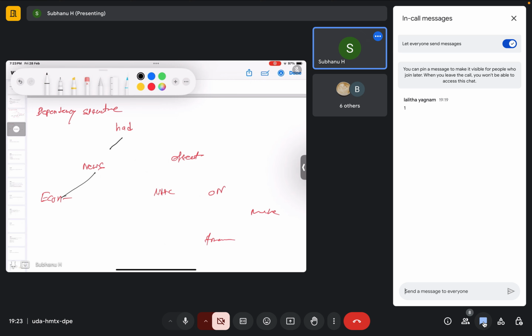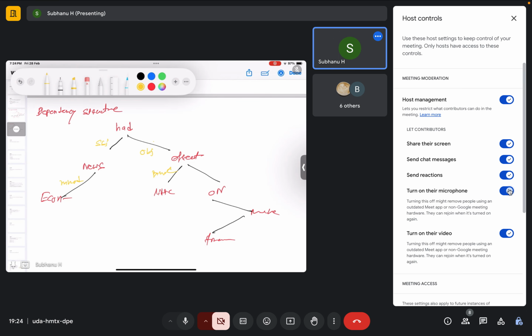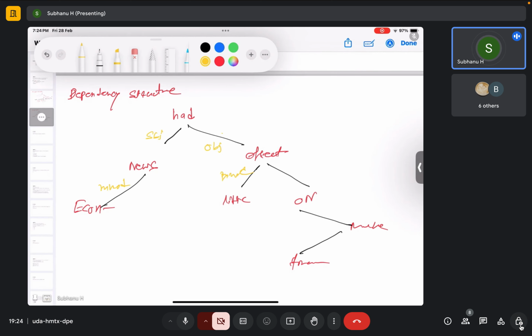It looks like this. So this means that this has dependencies of subject, a mod, object, then a mod like this. So this is basically the dependency structure representation.